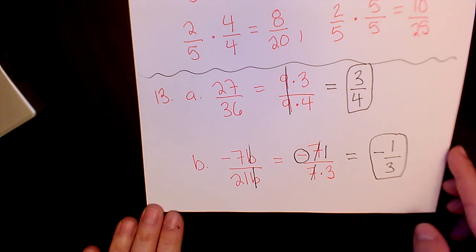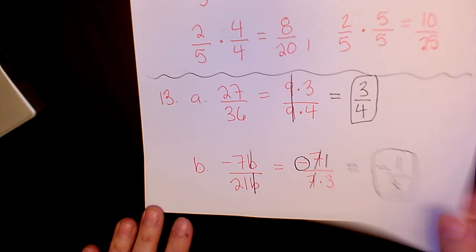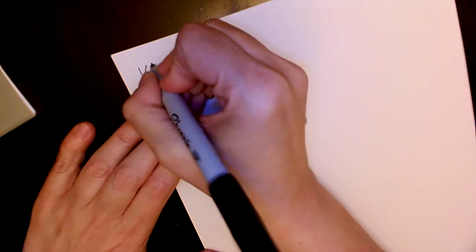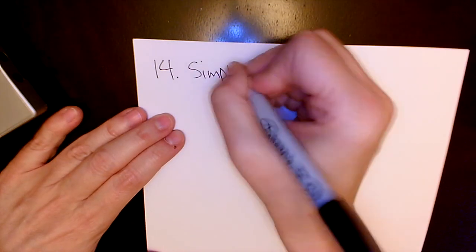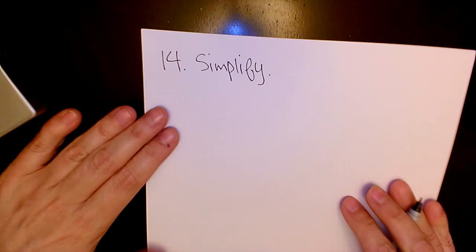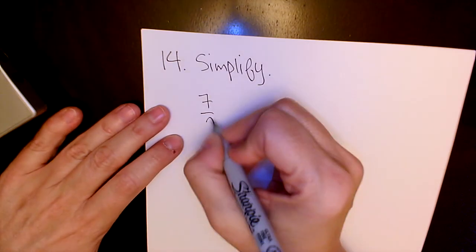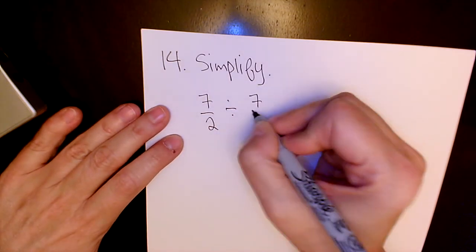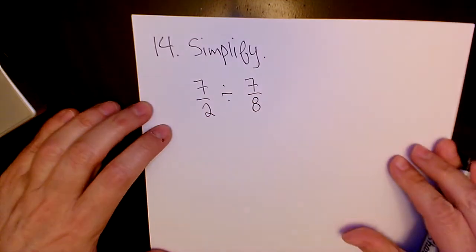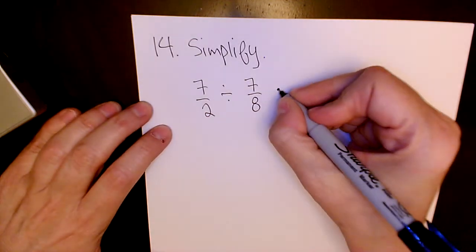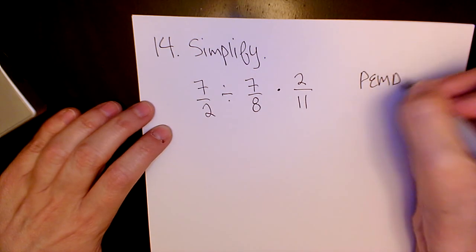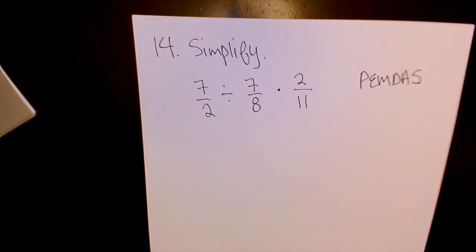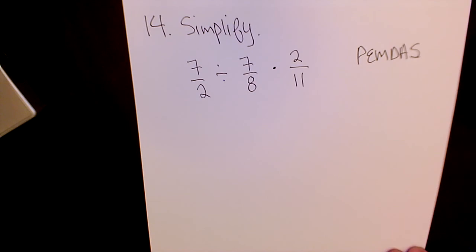Okay, I've got one more to go, 14. I don't know if you had one like this on your homework. So I'm going to take 7/2 and divide it by 7/8. And I'm going to times that by 2 over 11. So remember our friend PEMDAS, we're going to do PEMDAS.